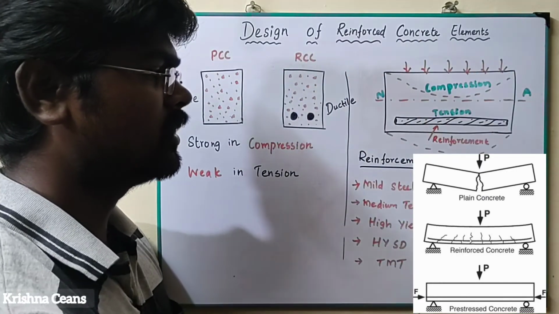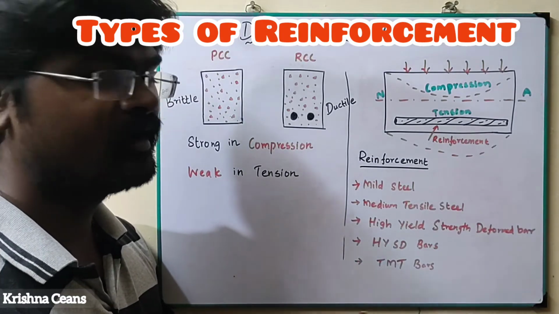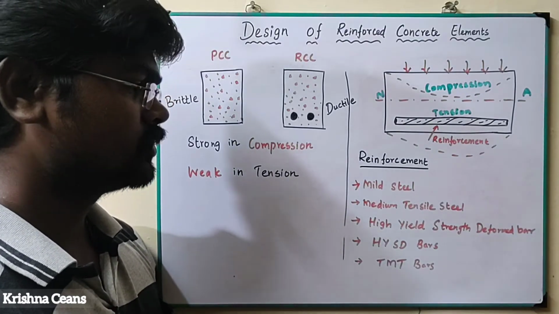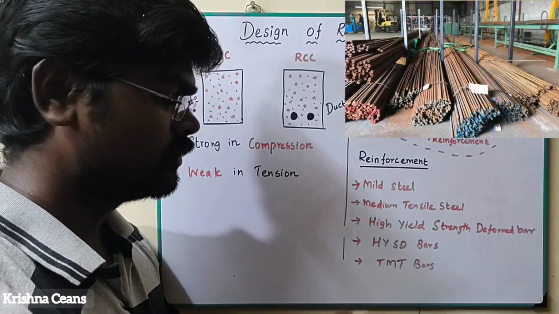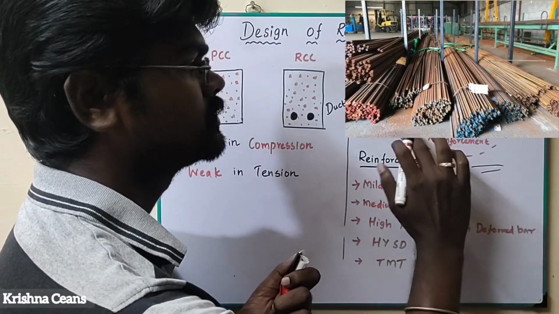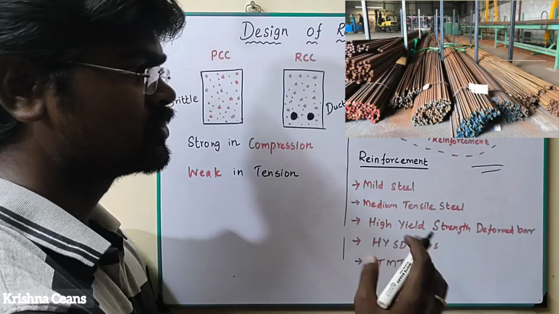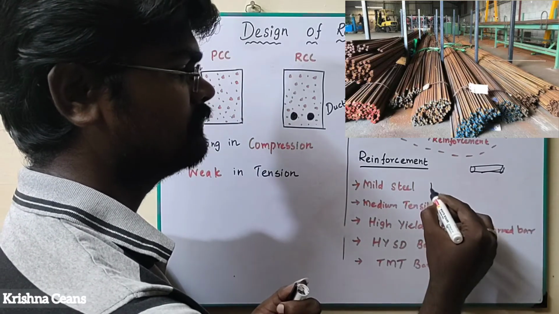RCC, reinforced cement concrete. So what are the different types of reinforcement used in the concrete? First is mild steel. Mild steel is what in olden days they used simply without any ribs. This one we call ribs. So this steel without ribs we call mild steel.